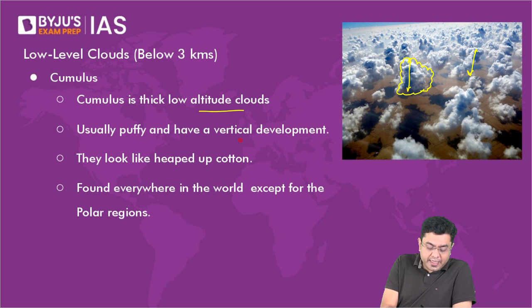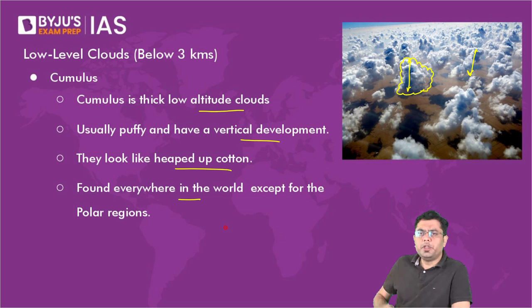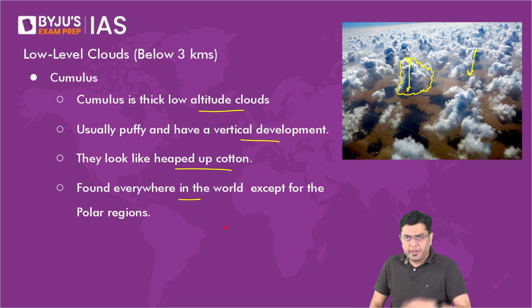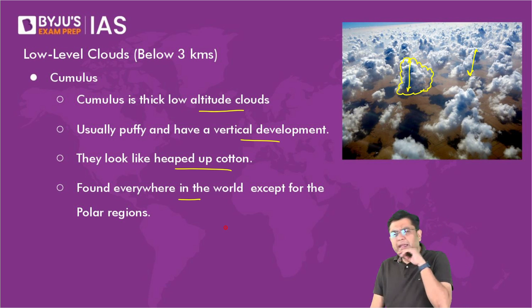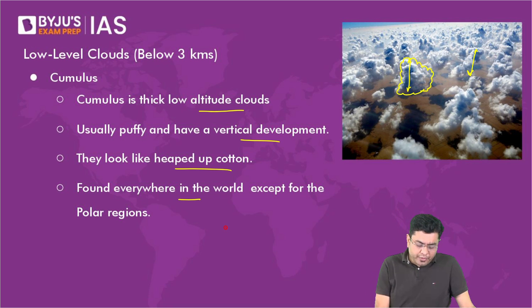They look like heaped up cotton, like balls of cotton, found everywhere in the world except for the polar regions. Why? Because in polar regions, you don't experience any kind of evaporation. So everywhere you have evaporation, you will find these kinds of clouds formed.